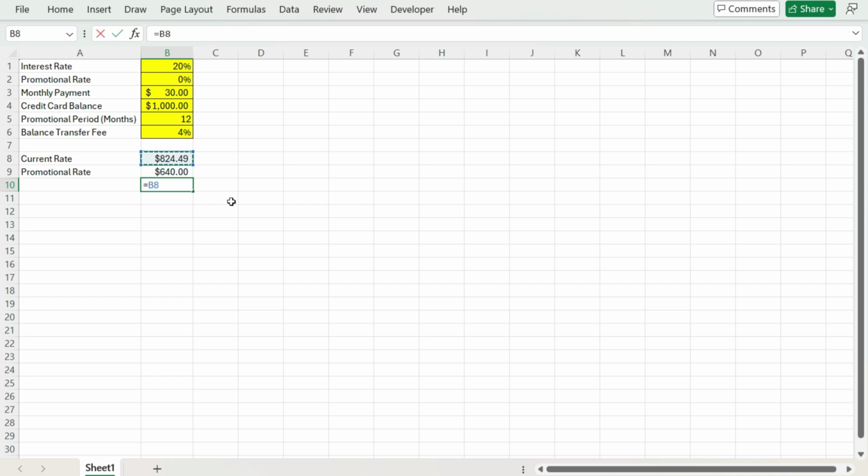So our cost savings would be this 824 less this 640. And so that is our savings before our balance transfer fee. So savings before fee. Now if we want to calculate the balance transfer fee, what we're going to need to do is take that 4%, multiply it by our credit card balance, and that's our balance transfer fee.